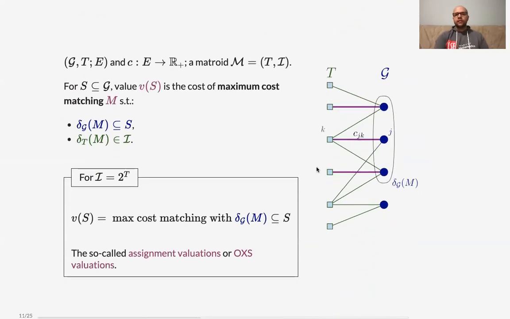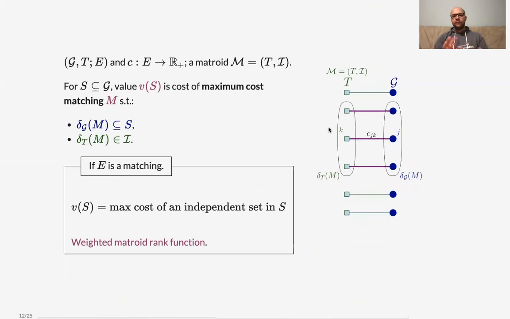First, suppose that there is no matroid essentially, that every set is independent on this side. What is then our Rado evaluation? Well, for some subset of goods, it's just the maximum cost matching M that matches the set of goods. And this turns out to be exactly the so-called assignment valuations or OXS valuations.